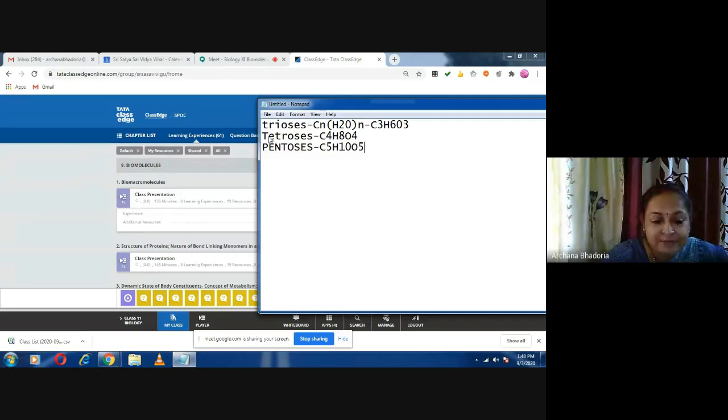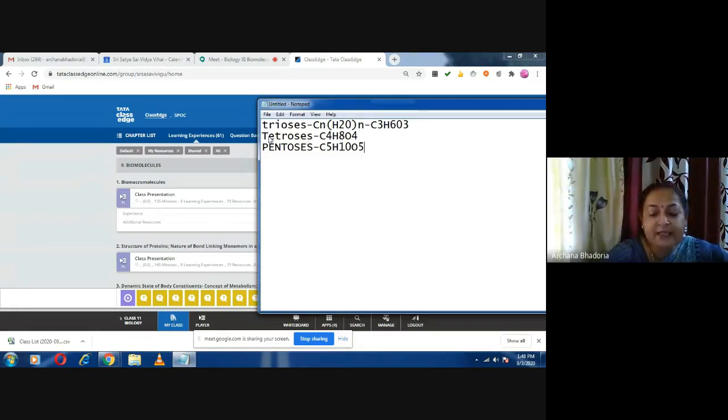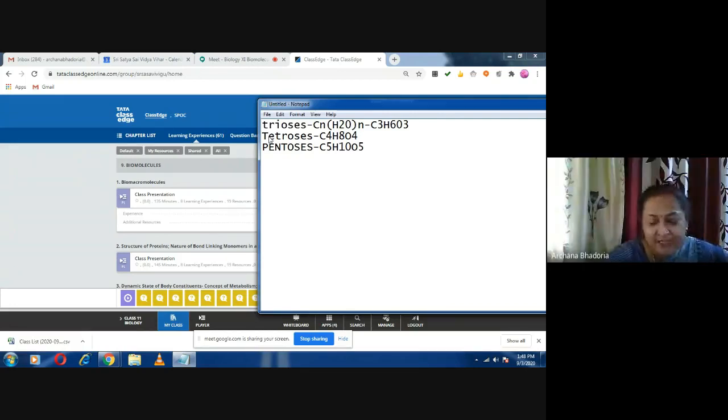Devanshi, understood? Yes, ma'am. So we are discussing the different types of monosaccharides classified on the basis of the number of carbon atoms. If the monosaccharide has 3 carbon atoms, you call that group the trioses.